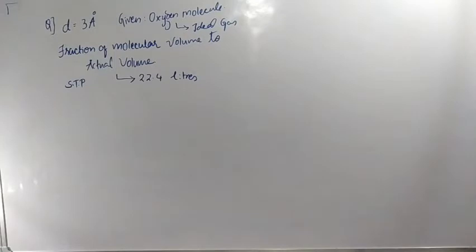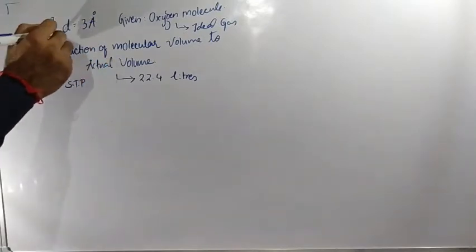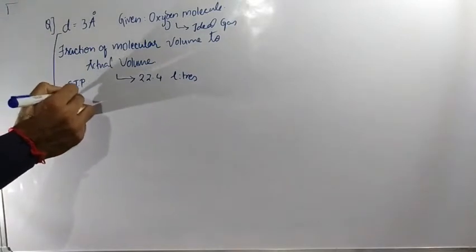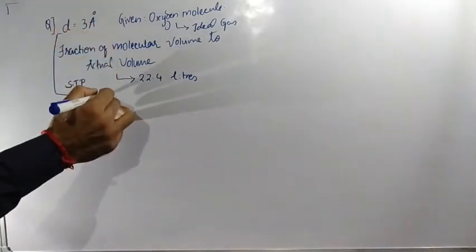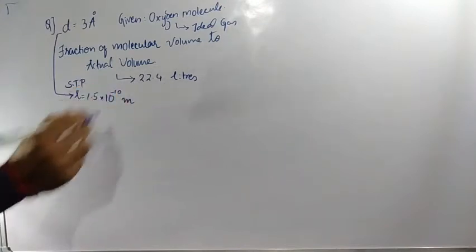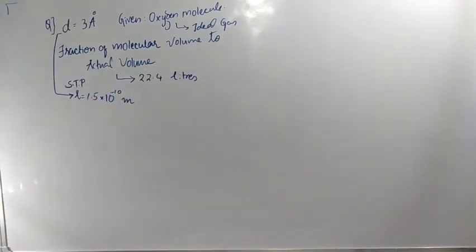Listen, the D value is given to you, 3 angstrom. From this, what will be the radius value? R will be 1.5 into angstrom, which means 10 to the power of minus 10 meter. Clear?